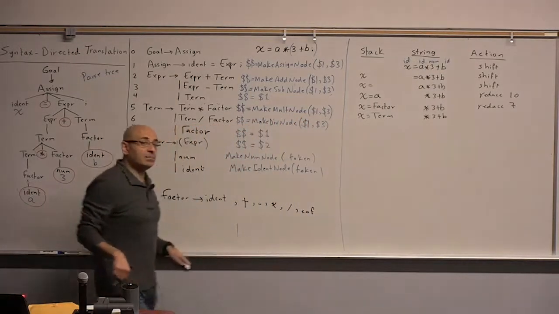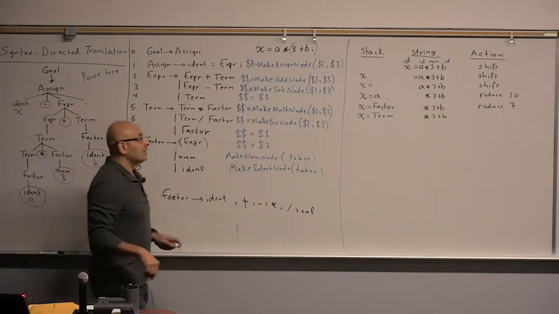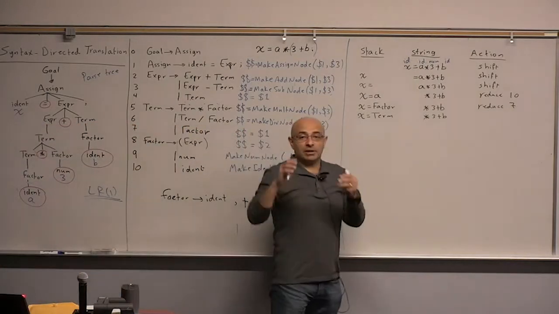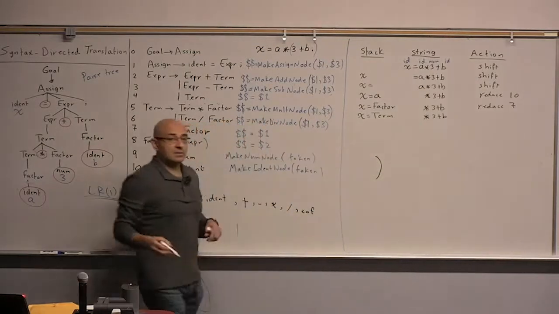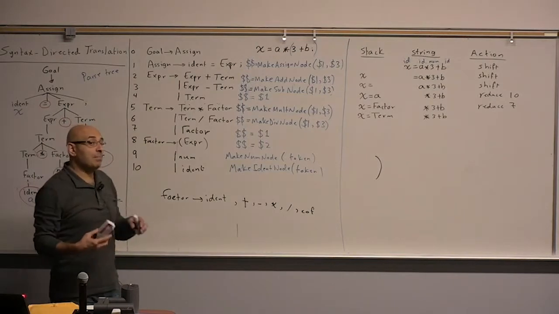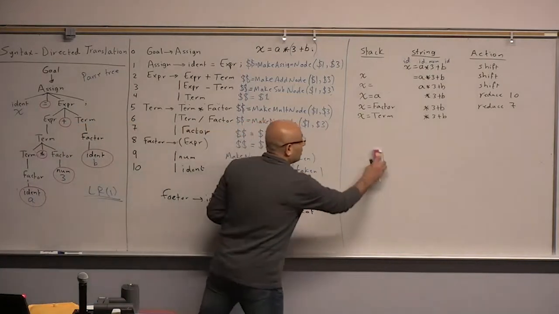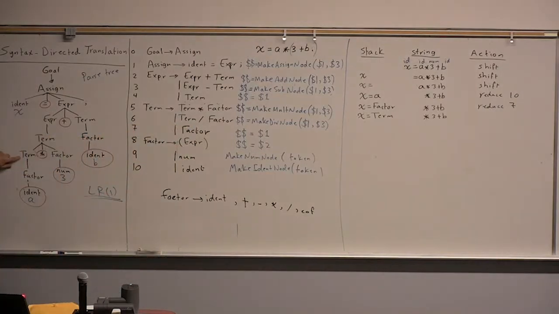An expression cannot be followed by a multiply, because a multiply can appear in the middle of an expression. An expression may be followed by close parentheses, but it may not be followed by a multiply. The multiply will appear in the middle of an expression. It will not follow an expression. So here, we will not substitute expression for term. We will just shift.